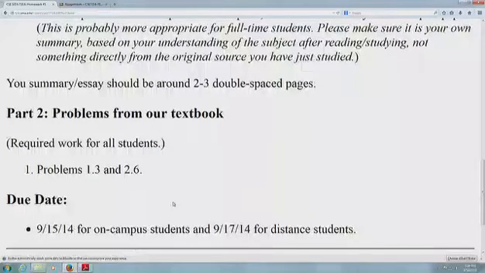If I leave you 1/3 of the page, I expect about 1/3 of the page, not one line, but not the whole page. If you go over a little bit, you can always use the back to write some more. But generally, the expectation is that 1/3 of the page should be enough to answer that.